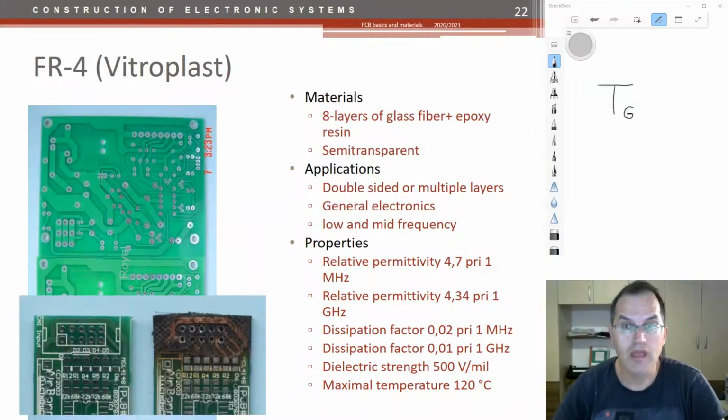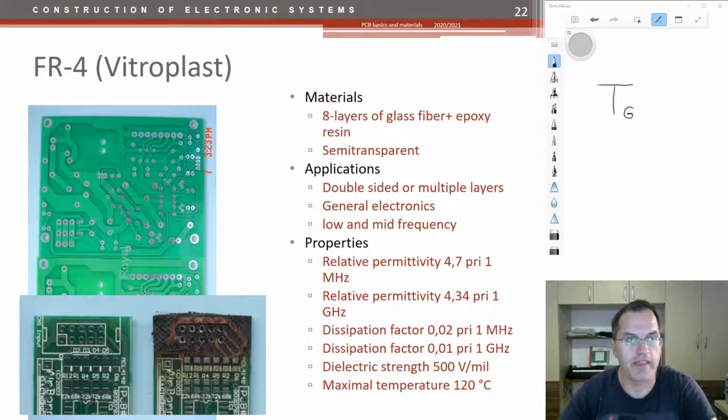Now, going back to what we started with, it is intended for general electronics. It has a relative permittivity of around 4 to 5, I would say. That's an important parameter. Dissipation factors are quite low, so you can also make high frequency electronics up to a few gigahertz. The maximum temperature here is around 120, but you can get also 130, 140.